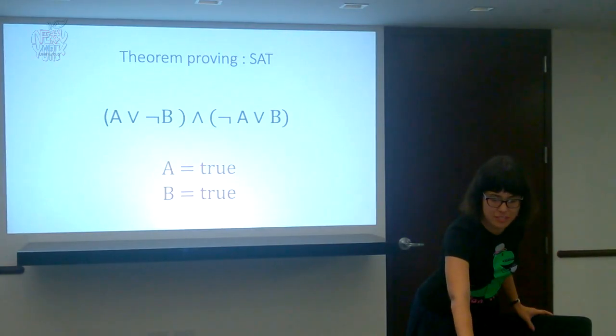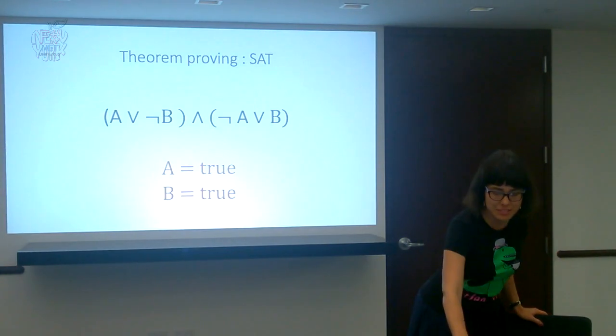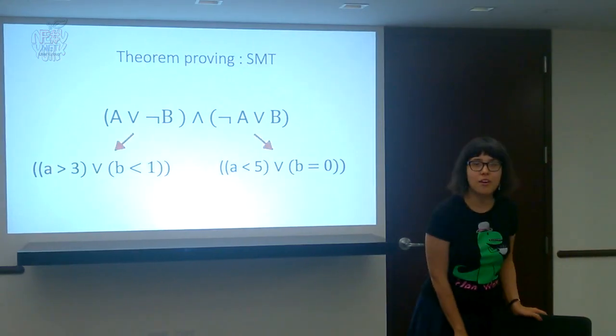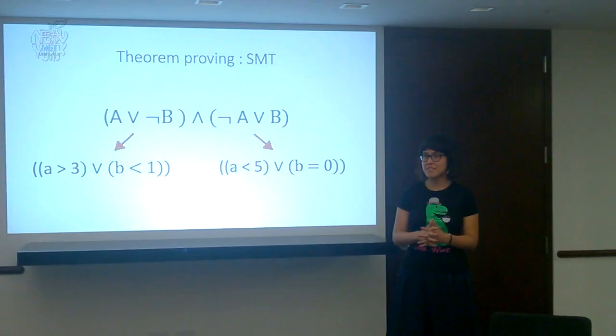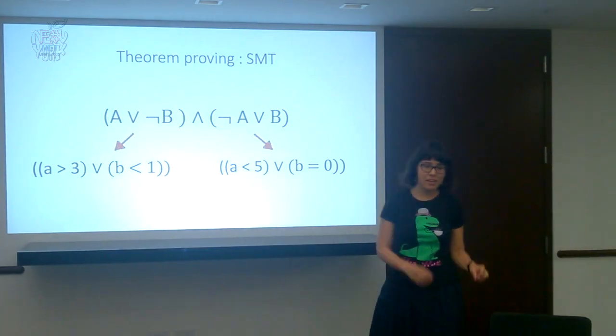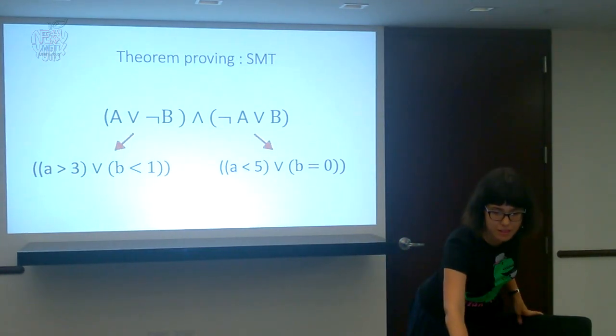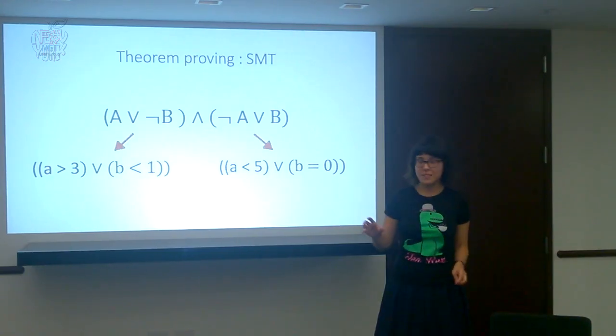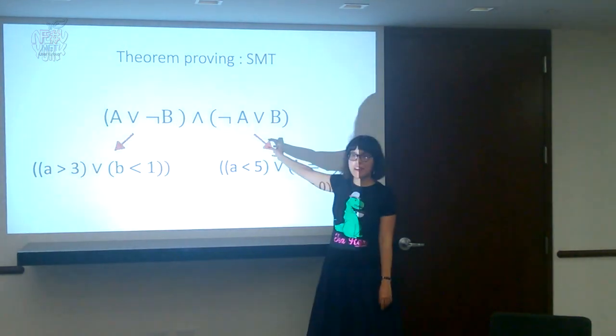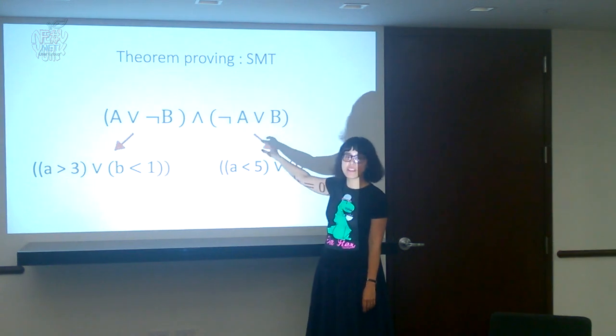But what we are using to model the biological systems is actually something called SMT. It's now not SAT, it's SMT, and it stands for... I'll first explain what it does. Basically, here we have just some variables that had Boolean values.